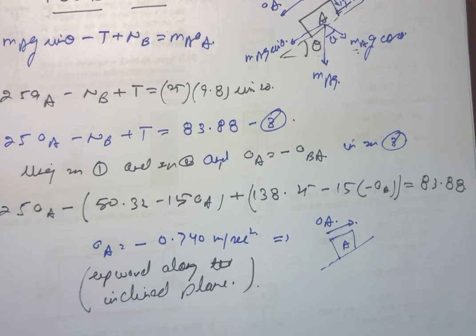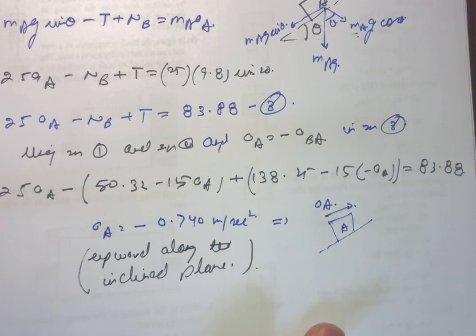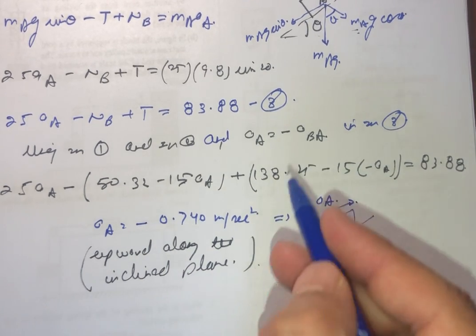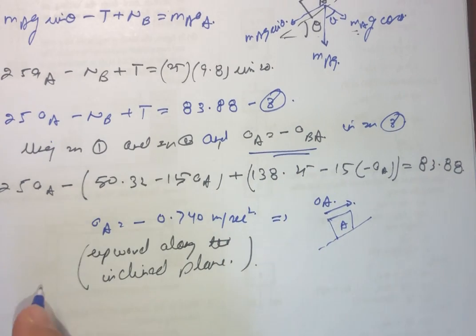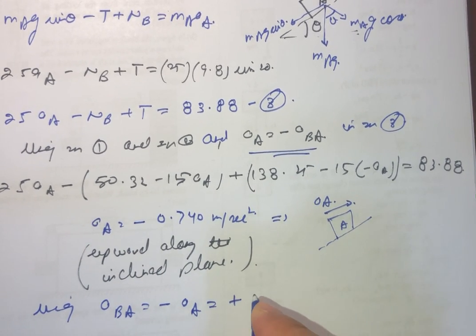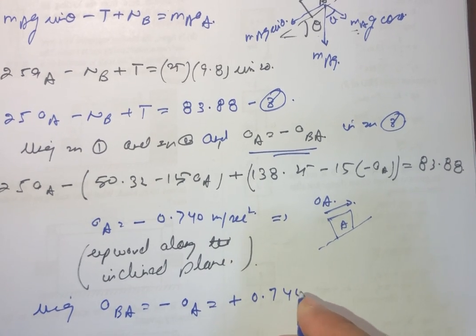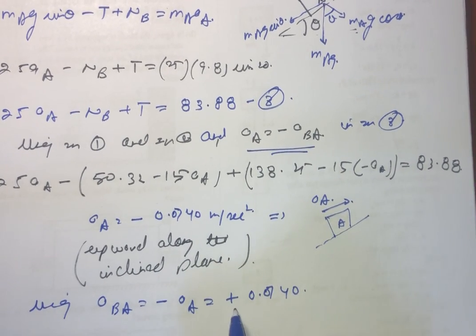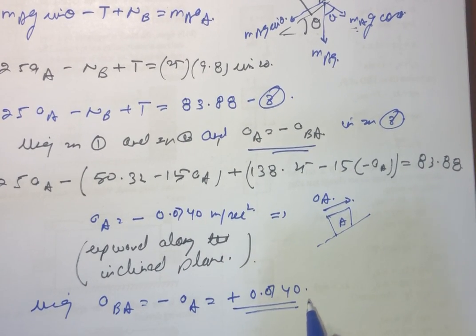And we are supposed to find the relative acceleration also, so we can use this relationship: acceleration of BA is equal to minus acceleration of A, so we get this as plus 0.740. This is our acceleration of BA.